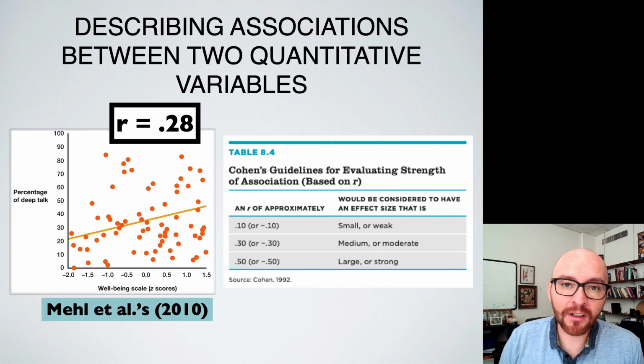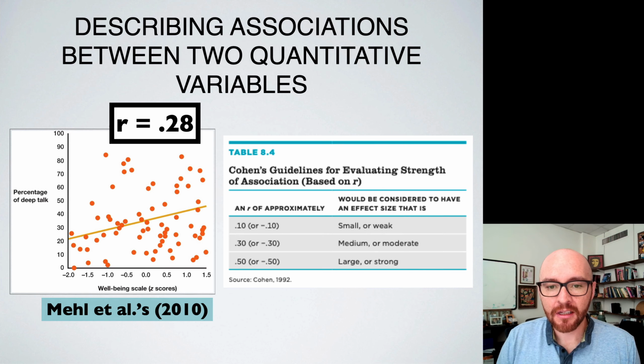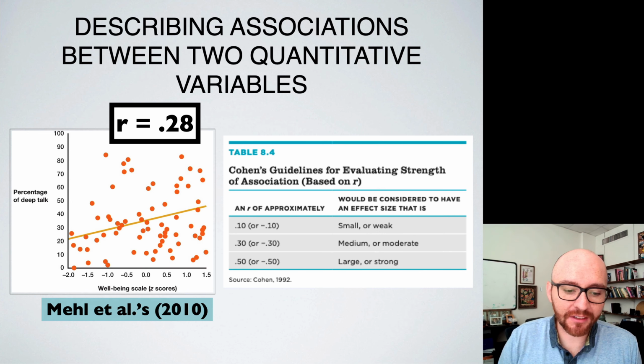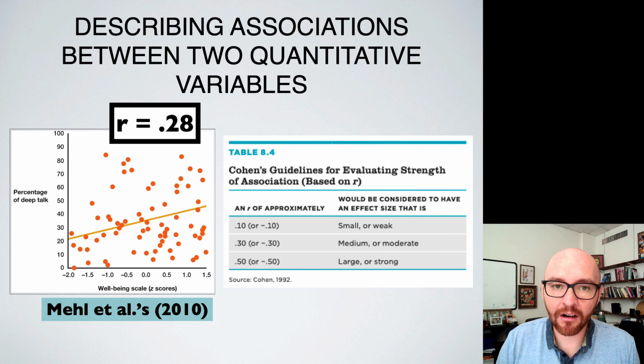So here's an example of a bivariate correlation with two quantitative variables. Let's take a look at the table. On the table, you see that we have some guidelines for evaluating the strength of a bivariate correlation, right? In this case, the quantitative variables are percentage of deep talk and the well-being scale. Okay, so let's say this was your score. You had an R coefficient of 0.28.